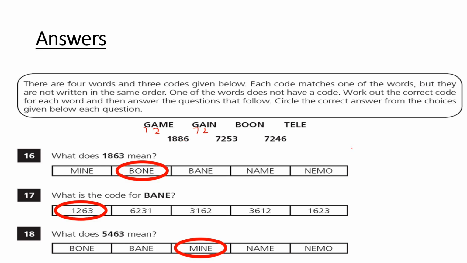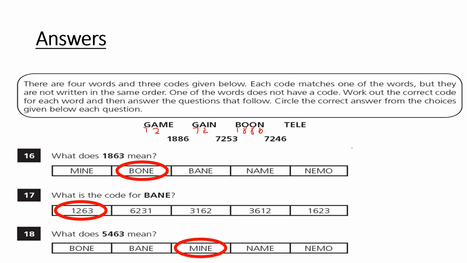There's a 6 at the end of that word and 6 at the end of that word. So it has to be boon and gain, because it can't be game, because that's already having that. Or it actually could be, because of tele. It could be 7, it could be 188. No, it has to be boon, because there's double 8, so there has to be double letters, so it has to be boon. So we write 1886 over here.